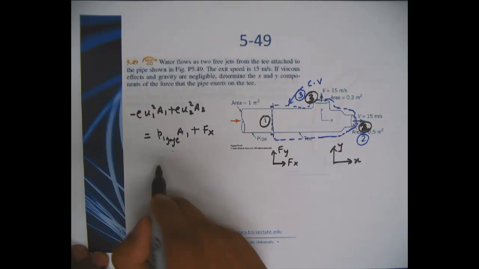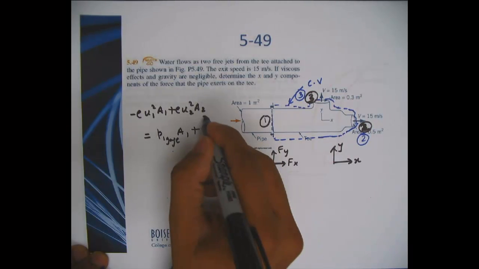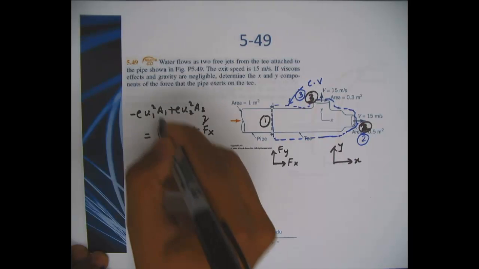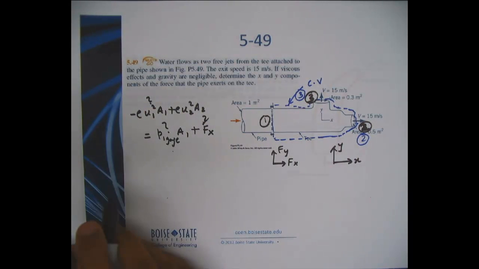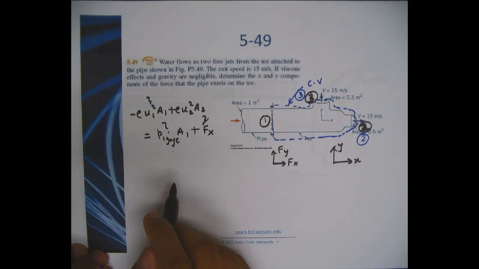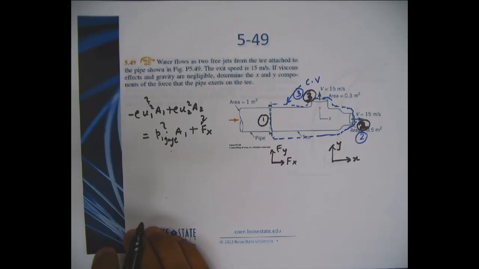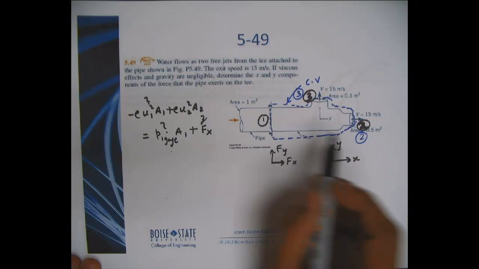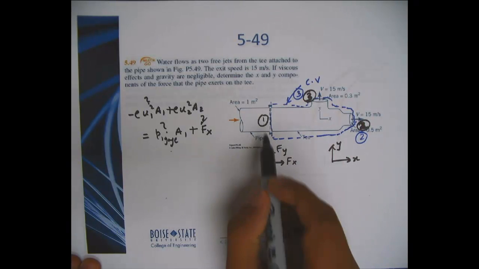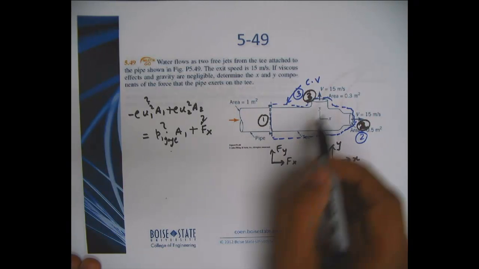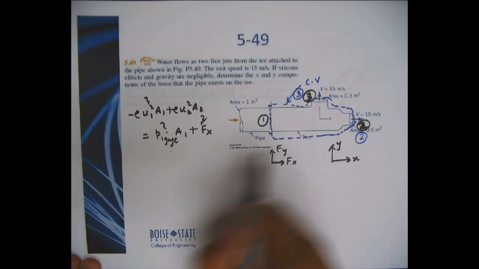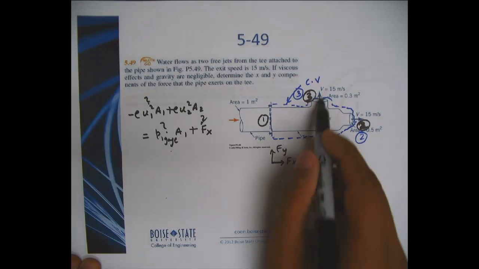You see that in this equation, we don't know this, this, or this. So we cannot really solve everything from one equation when we have more than one unknown. However, you can find u1. The way you set up the control volume, whatever is coming in should be equal to whatever is going out at these two outlets.